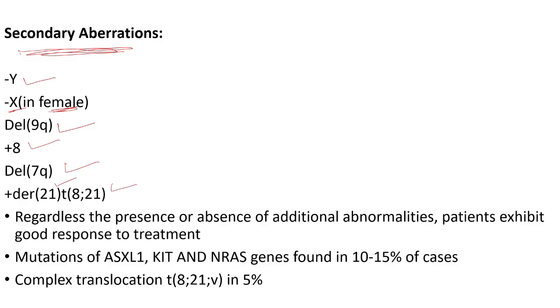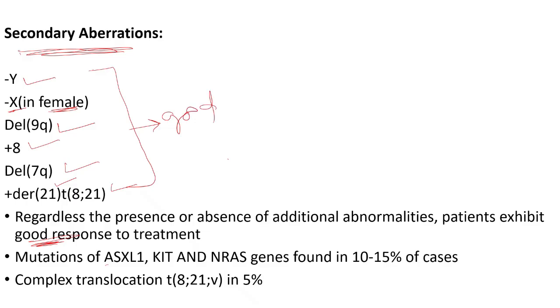Regardless of the presence or absence of additional abnormalities, patients exhibit good response to treatment. It means if the cells possess translocation 8;21 and the presence of any of these, still the response will be good only. Okay.